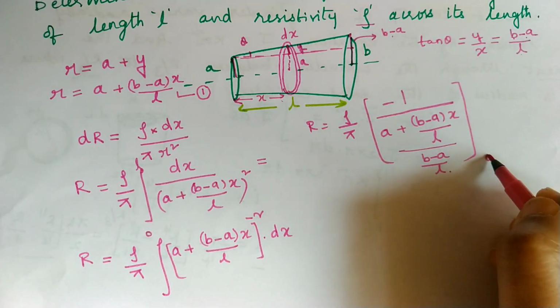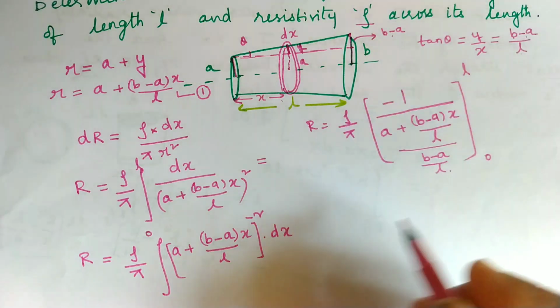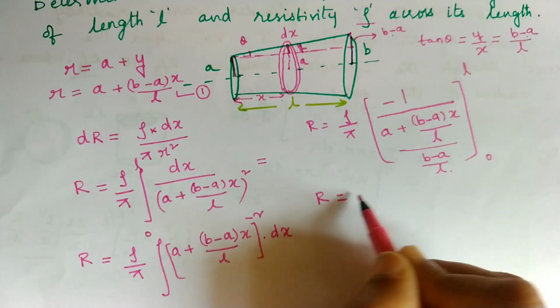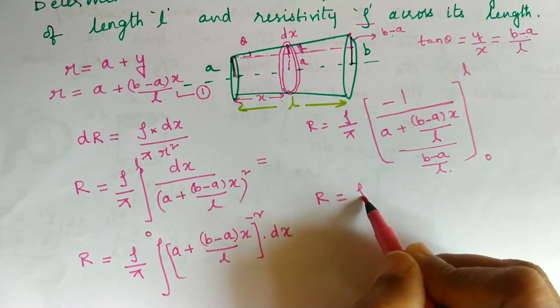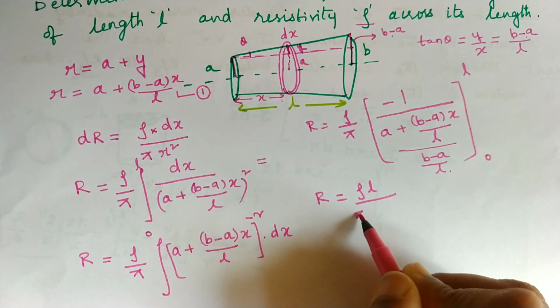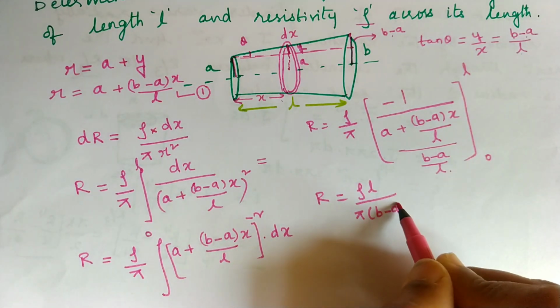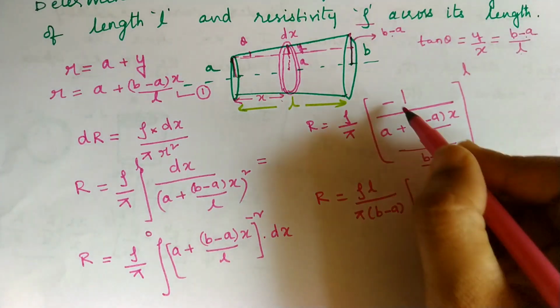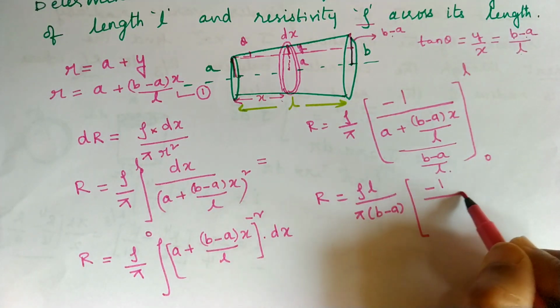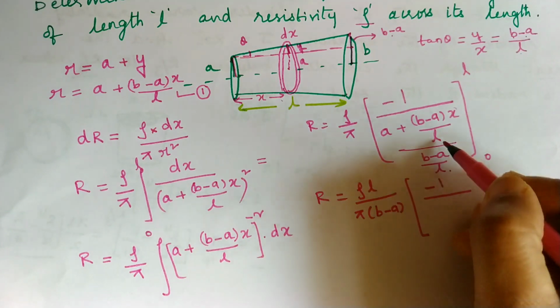So divide this relation by (b minus a) by L. And what are the limits? 0 to L. Now when you simplify it, I'll take this term to the numerator: rho L by pi into (b minus a), minus 1 by, put the limits in the place of x.